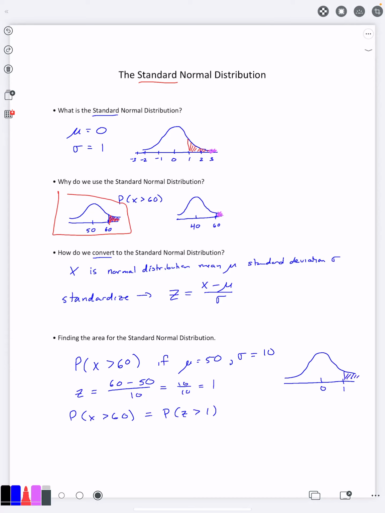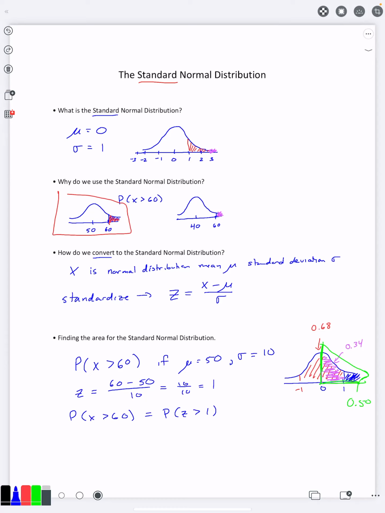Well, what do I know? I know that if you go between -1 and +1, that total area is 68%. That means that this half of that area on the right is going to be 34%. I also know that if you start at 0 and go all the way over, that area is 50%.